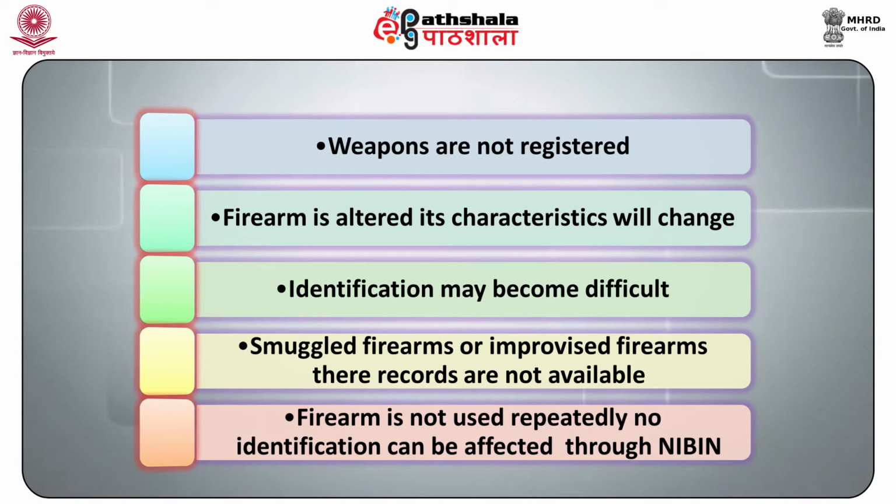Fourth disadvantage is that many firearms used in crimes in our country are smuggled firearms or improvised firearms. Their records are not available anywhere. The fifth disadvantage is that if the firearm is not used repeatedly, no identification can be effected through NIBIN.